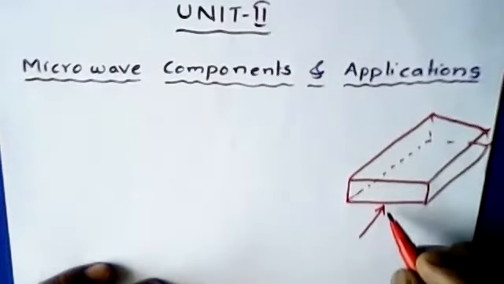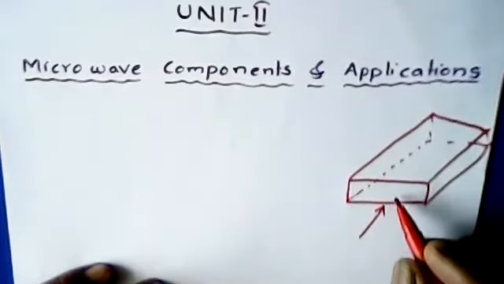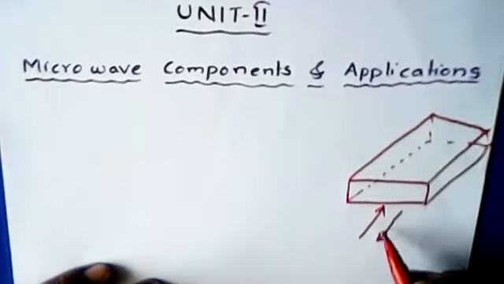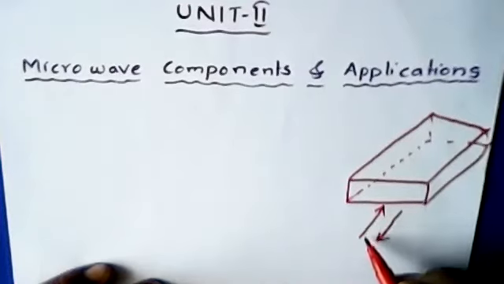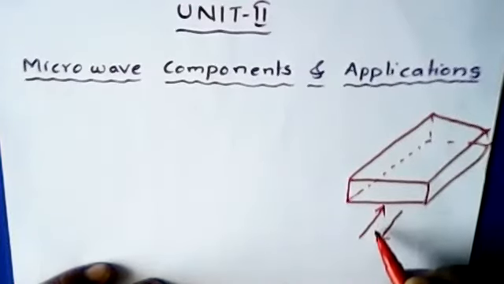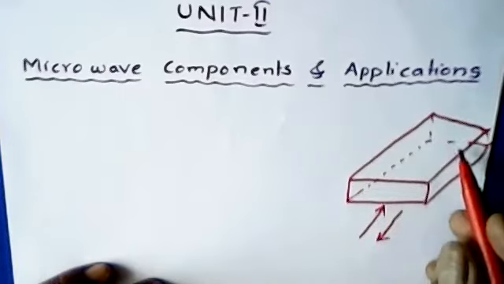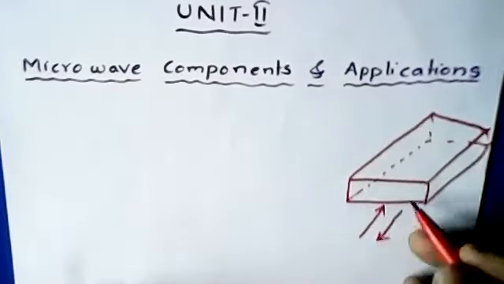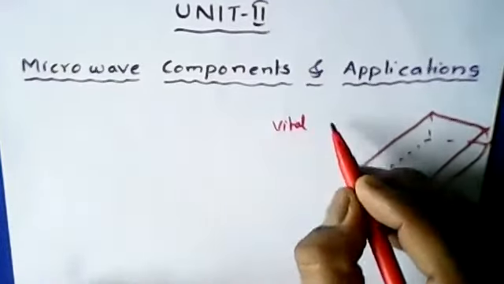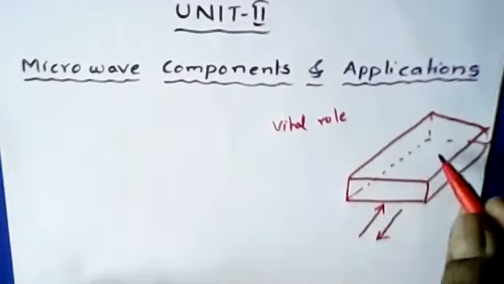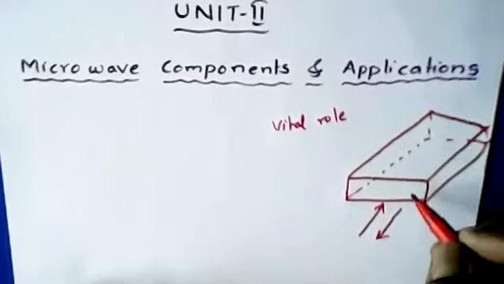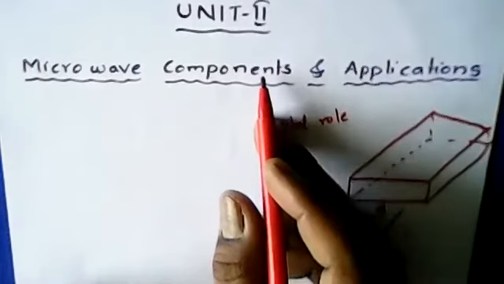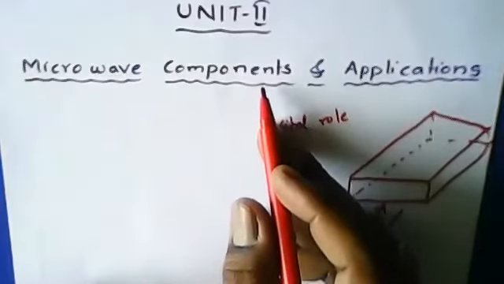Whenever we require a signal to be transmitted through the waveguide, or received from the waveguide, vice versa, these microwave components play a vital role in the transmission and reception of signals through waveguides. That is the main importance of microwave components.